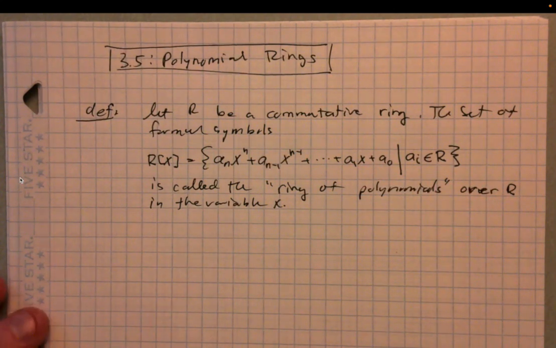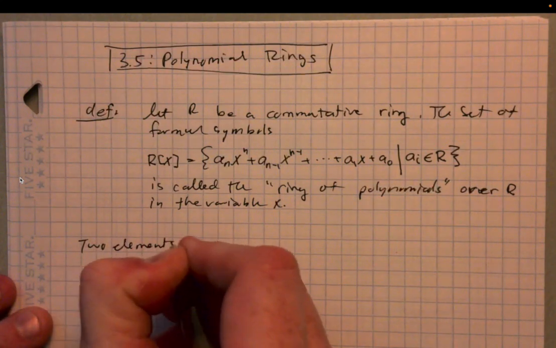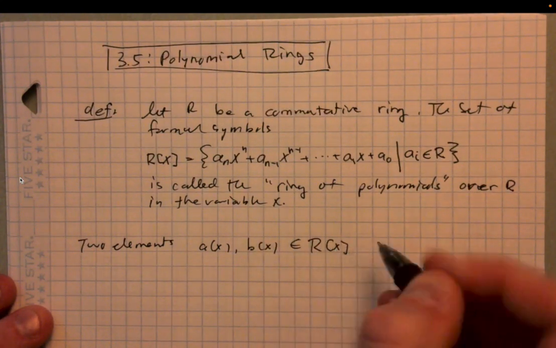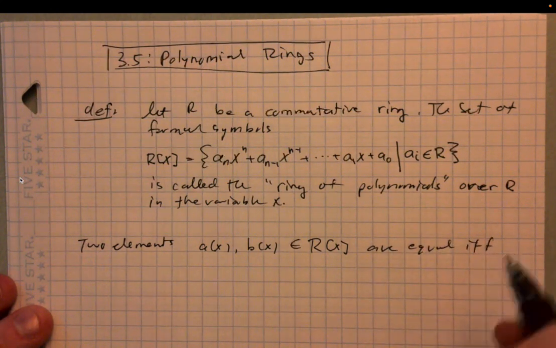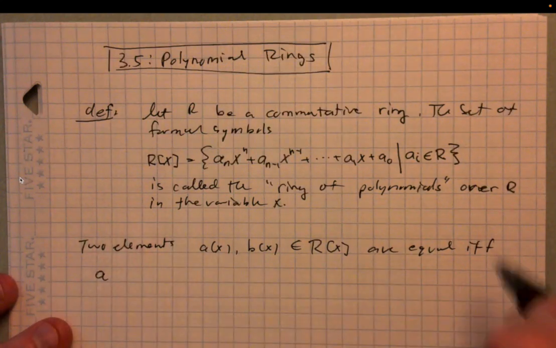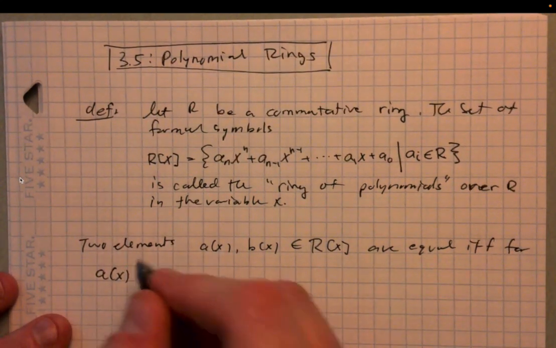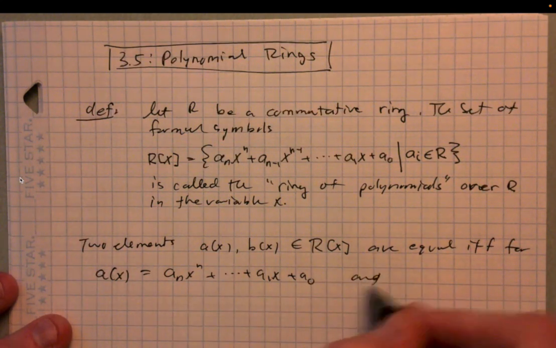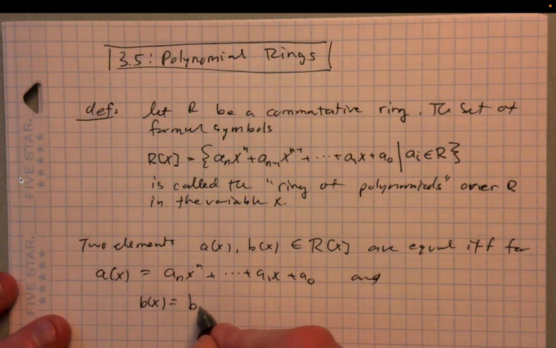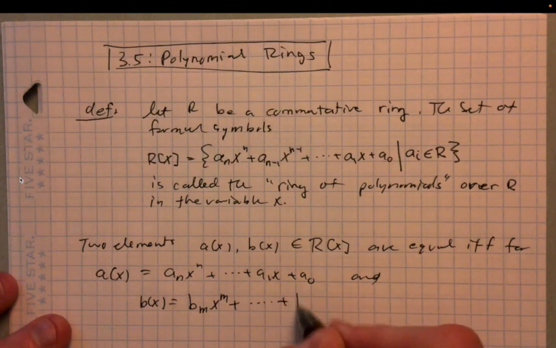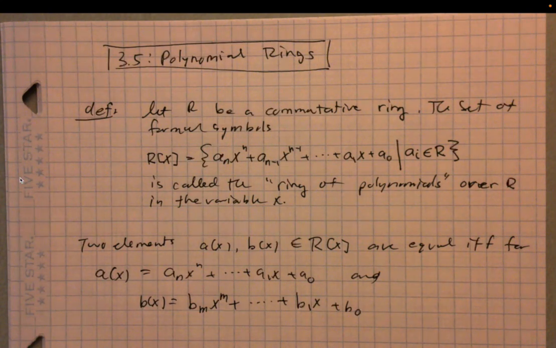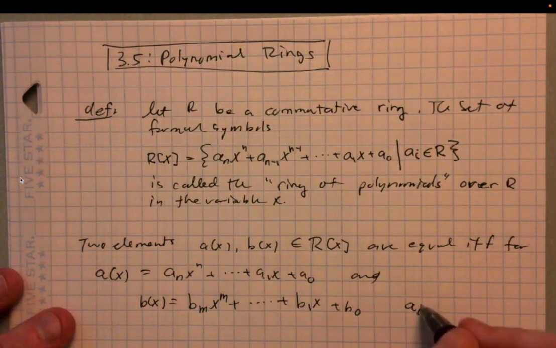So we would say two elements a(x), b(x) in this ring of polynomials are equal if and only if, for a(x) equal to a_n x^n + ... + a_1 x + a_0, and b(x) equal to b_m x^m + ... + b_1 x + b_0, these two polynomials from this ring would be equal if and only if a_i equals b_i for all i.